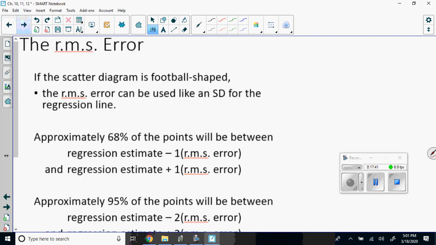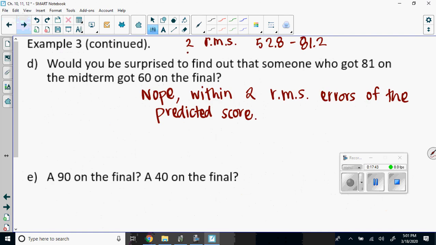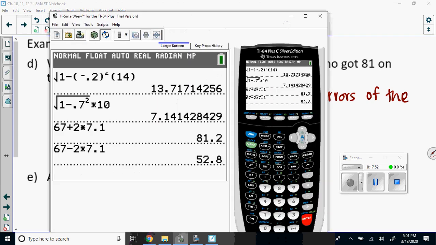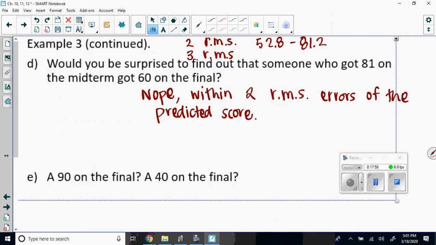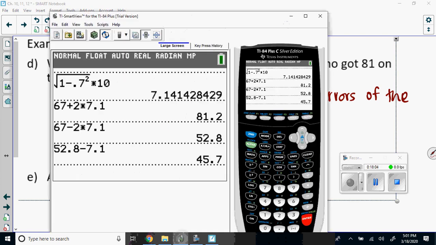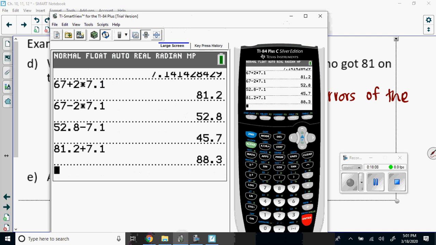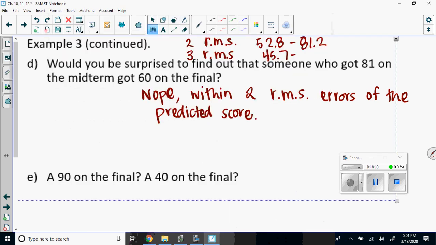So if I do 7.1 away from each of these, 52.8 minus 7.1 is 45.7. And then 81.2 plus 7.1, because that's going another RMS error to the right, is 88.3.